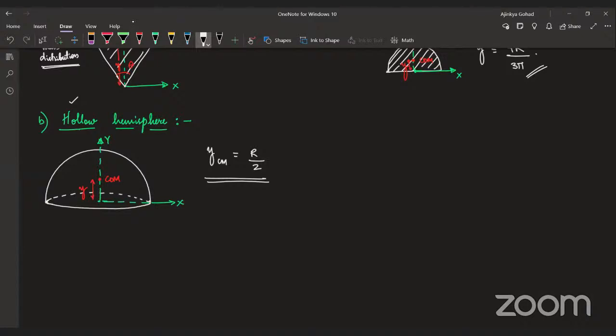And you can form this hemisphere. Correct.